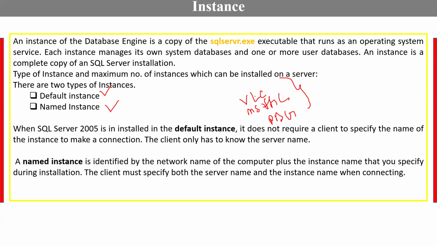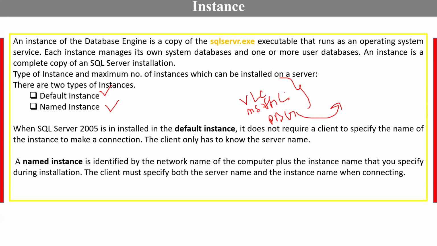VLC is a player, MS Office is where you get Word, Excel, PPT, lots of stuff, PUBG is a game. Can you install PUBG twice on your laptop or your mobile? No, right? You can install it only once, correct?